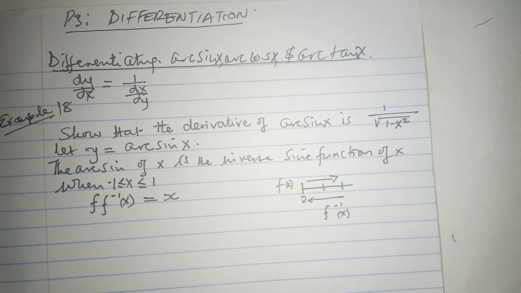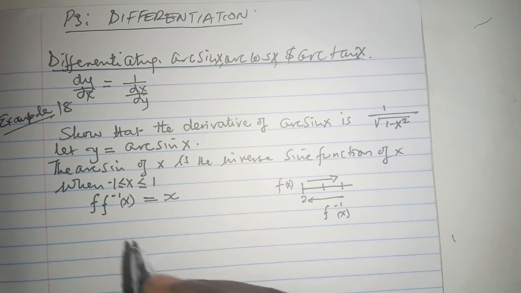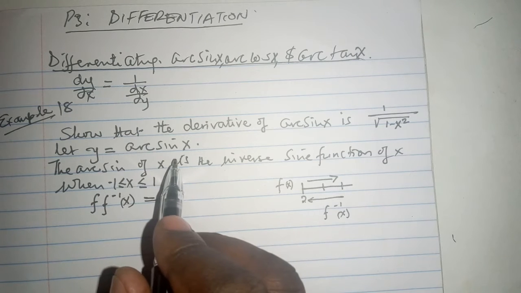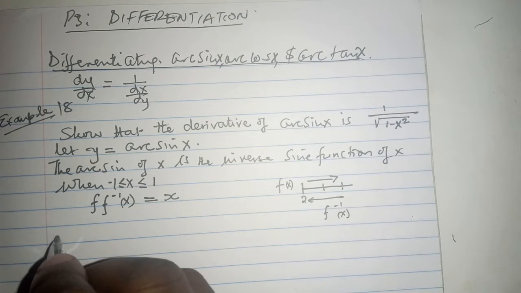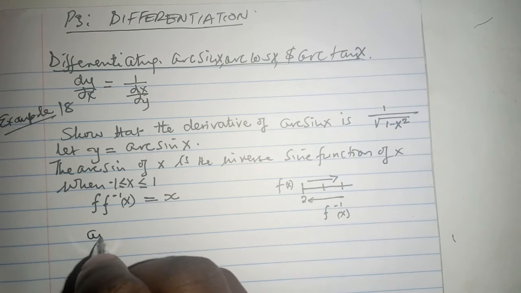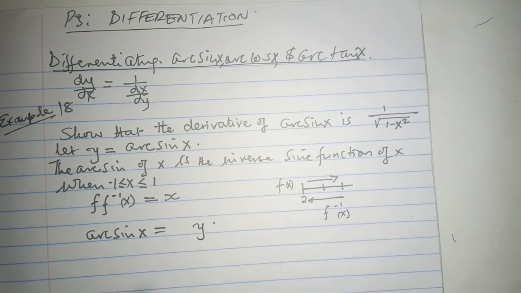So that means, if y equals arcsin x, we may also rewrite it as arcsin x equals y.